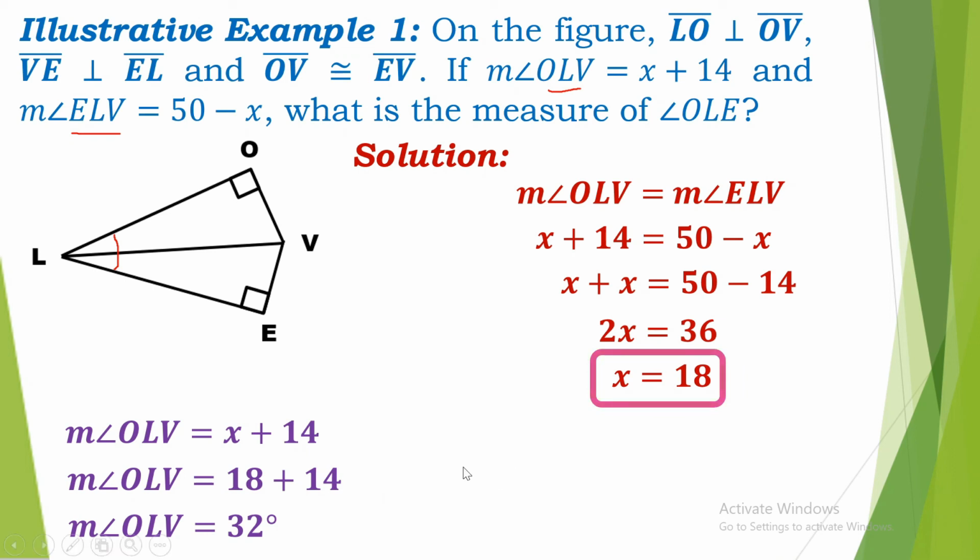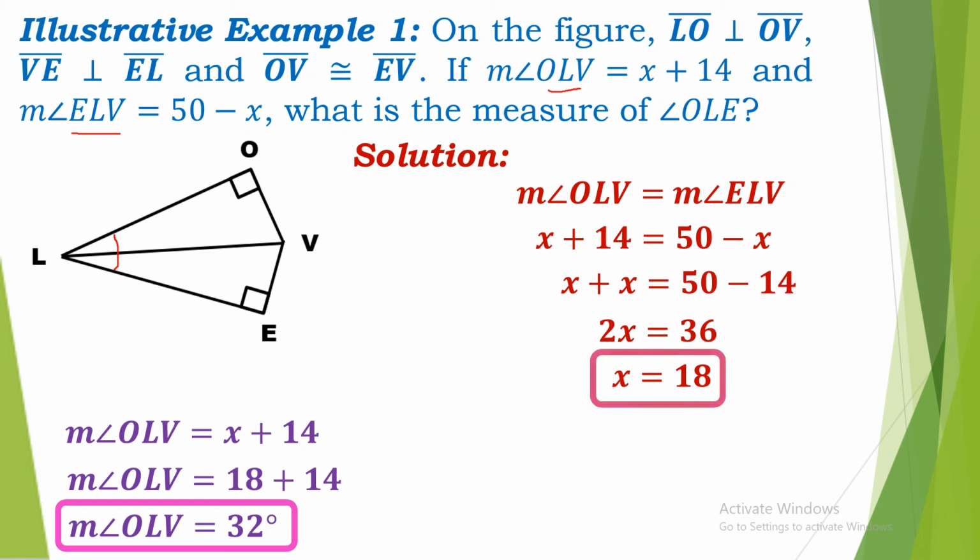So the measure of angle OLV is equal to 32 degrees. Now take note, angle OLV is congruent to angle ELV. So since the measure of angle OLV is equal to 32 degrees, then it follows that the measure of angle ELV is equal to 32 degrees.